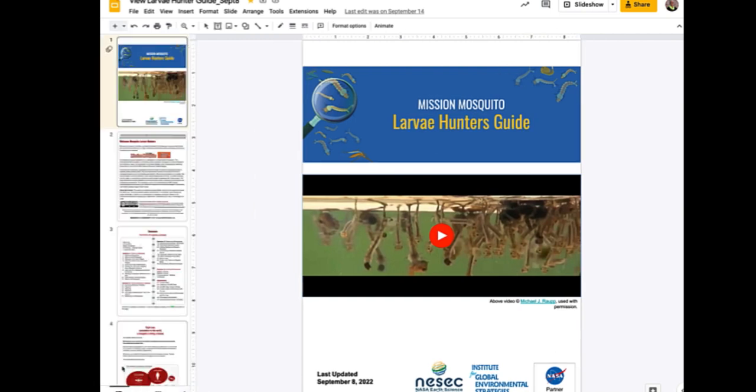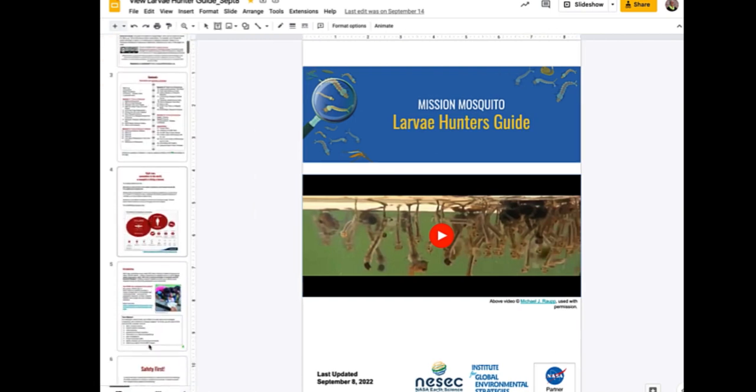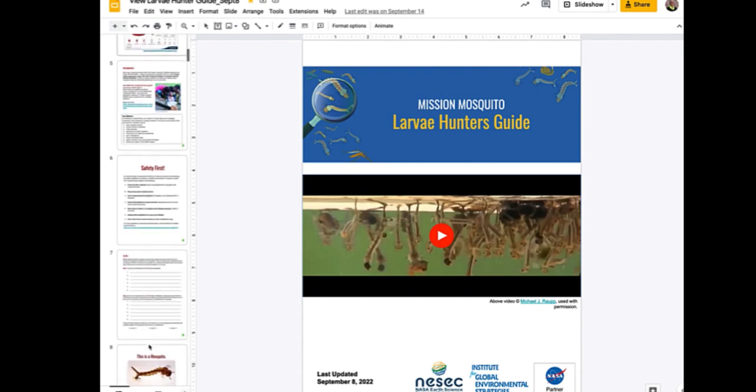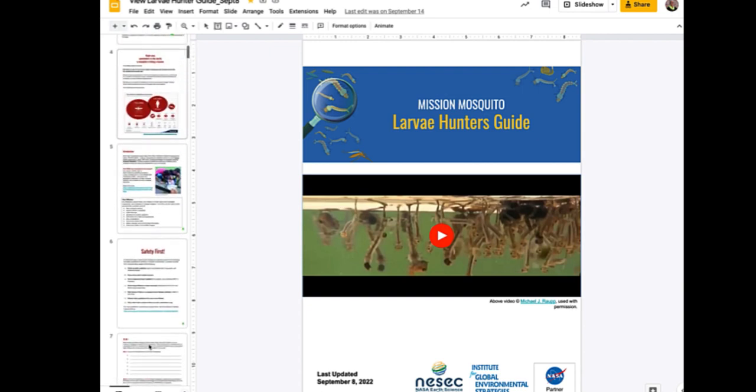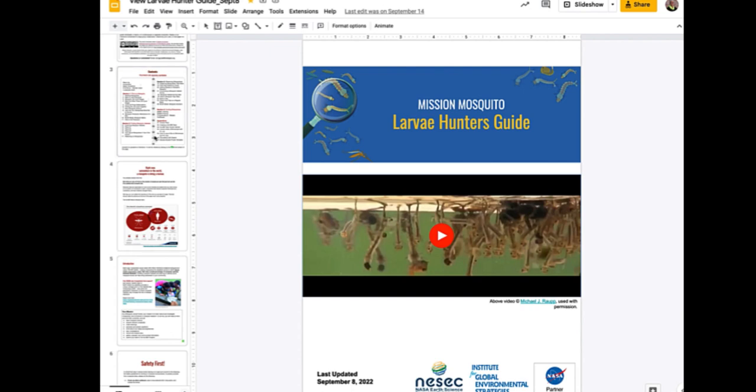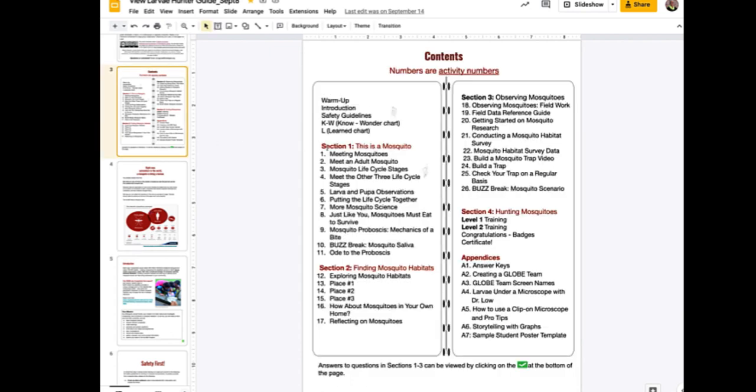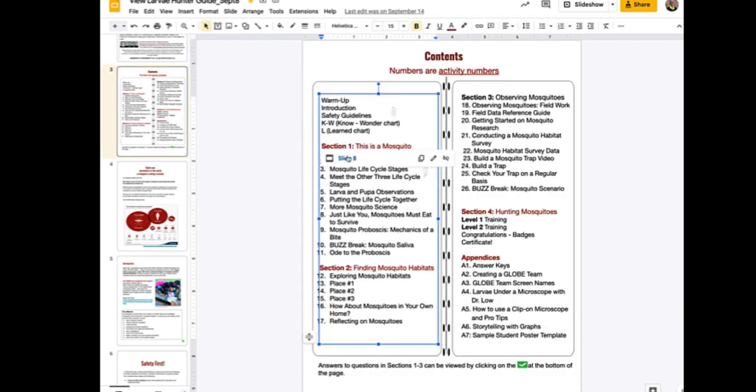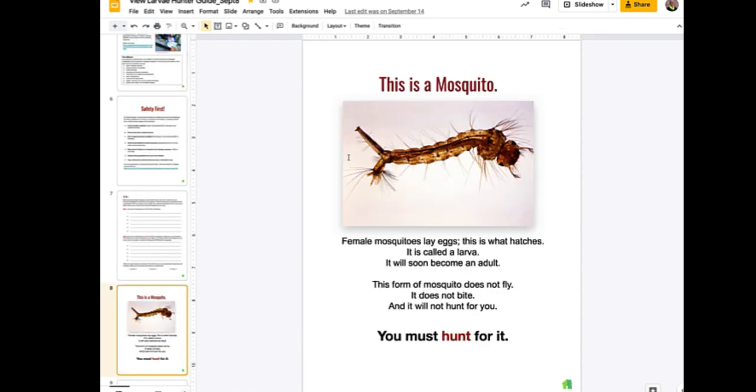So it can be done in a classroom, in an after-school science club, in a homeschool setting, or an informal venue. It has lots of potential. Ultimately, it's providing an engaging pathway to learning the biology and the behaviors of mosquitoes and building confidence in using the Globe Observer Mosquito Habitat Mapper tool.